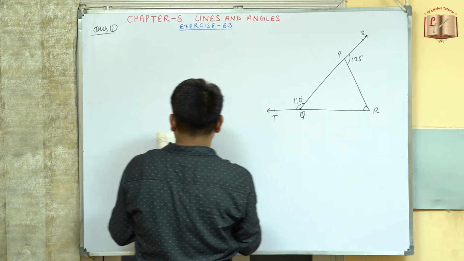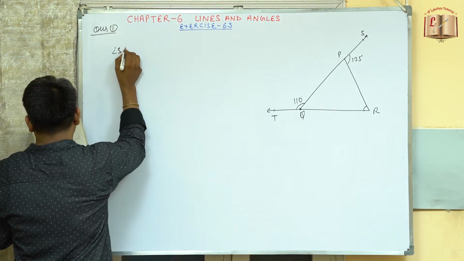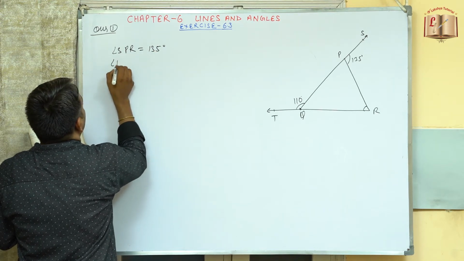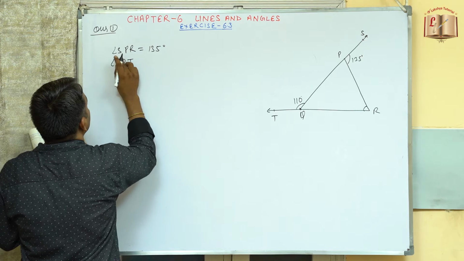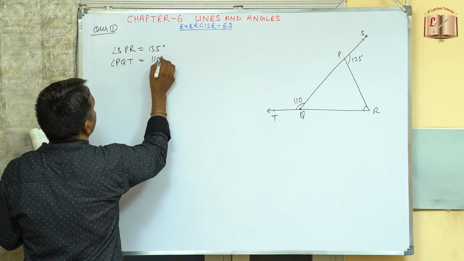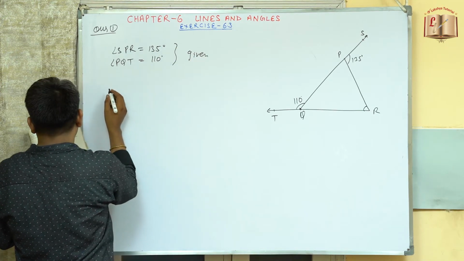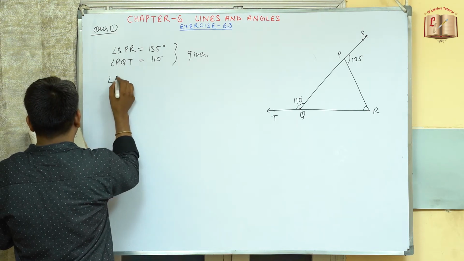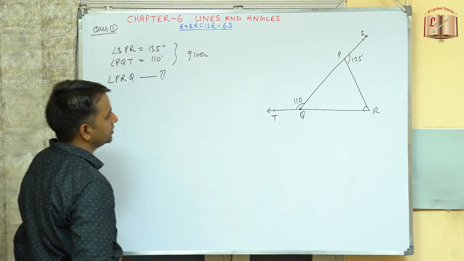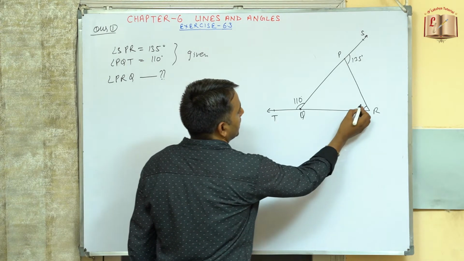Now here it is already given to us that angle SPR is equal to 135 degrees and angle PQT is equal to 110 degrees. So this is given to us and we need to find out angle PRQ, this angle.